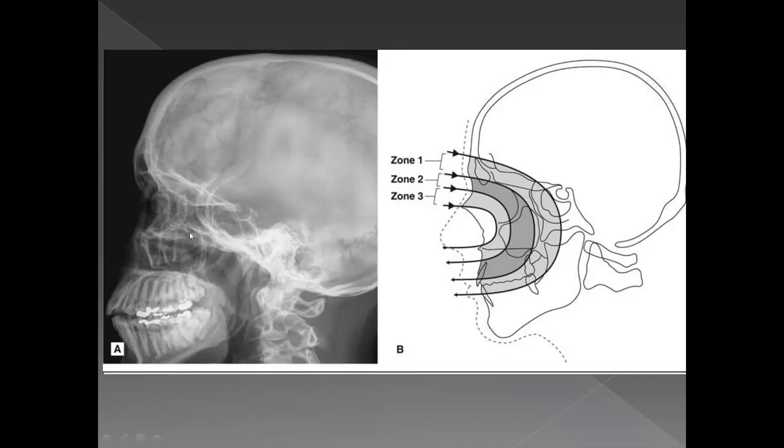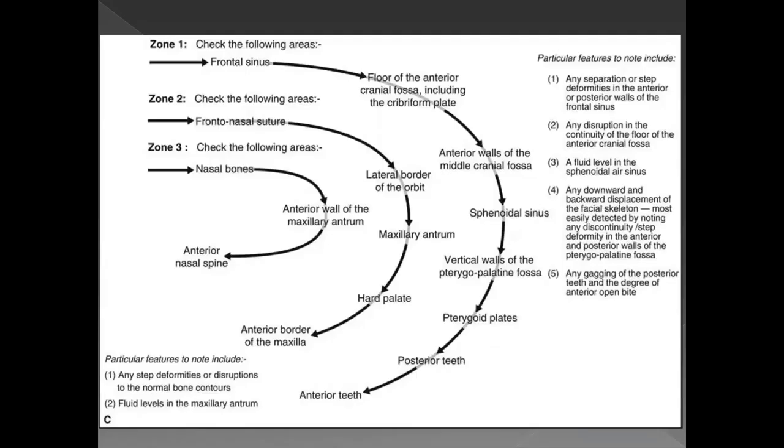These areas are a bit difficult to interpret on this X-ray. But if you just remember these structures, it may be somewhat possible for you to determine any fractures or any sinus pathologies. All right.